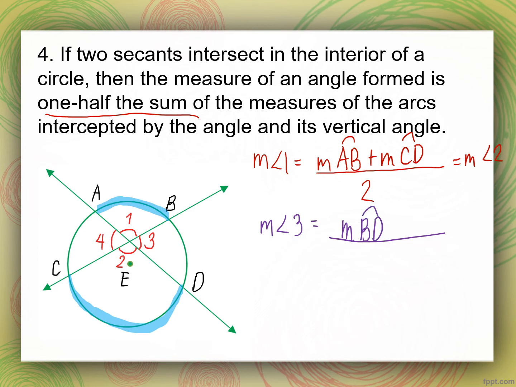So you need to add it to the intercepted arc of its vertical angle, which is angle 4, and its intercepted arc is AC. So the measure of arc AC divided by 2. This is the same if you want to solve for the measure of angle 4. So let's go straight to applying this.